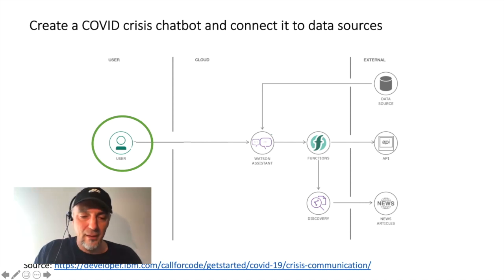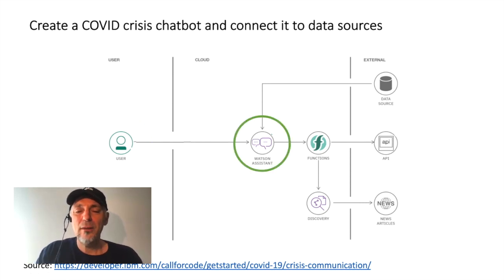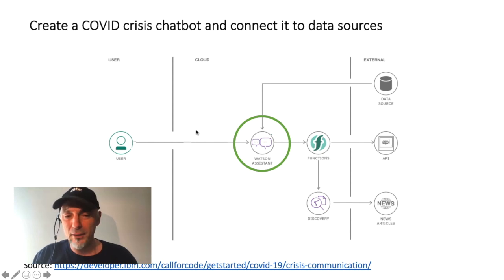By the way, if you want to access the getting started crisis communication tutorial directly, go into the description. You can find the link there too. The Watson Assistant is the configuration for the chatbot and all the needed topics you really need to implement. You can maybe also integrate it with other UI integrations, but that's not really important at the moment.